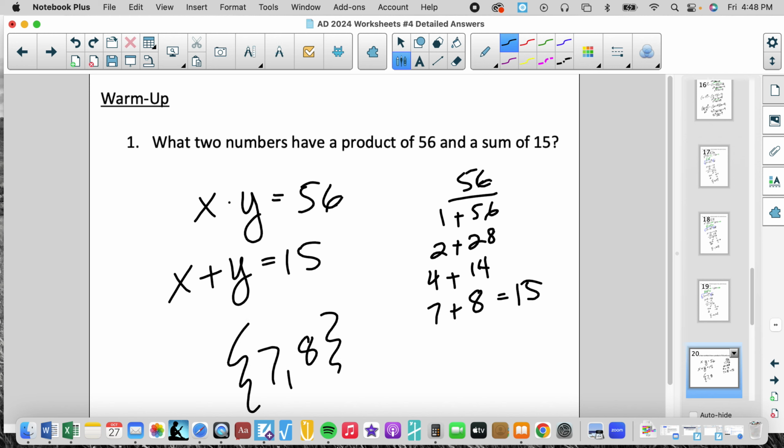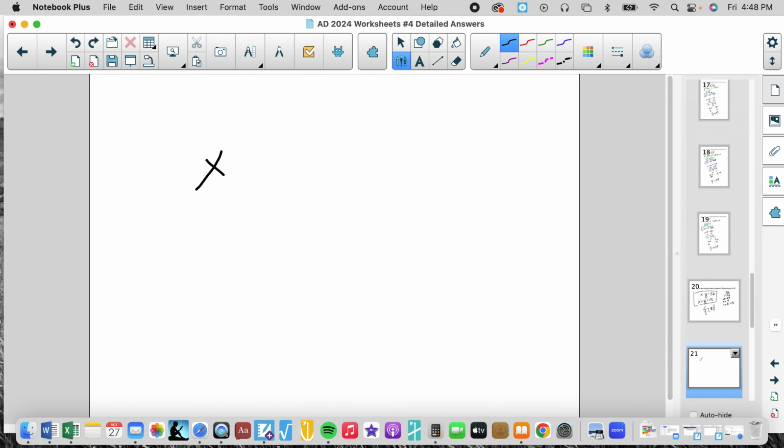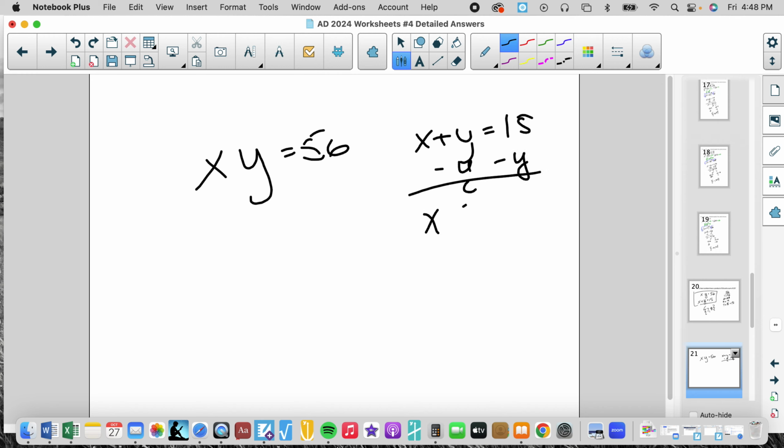That's relatively easy. I guess the other way, mathematically, what I was doing here: xy equals 56 and x plus y equals 15. We can solve for x by subtracting y. x equals 15 minus y.